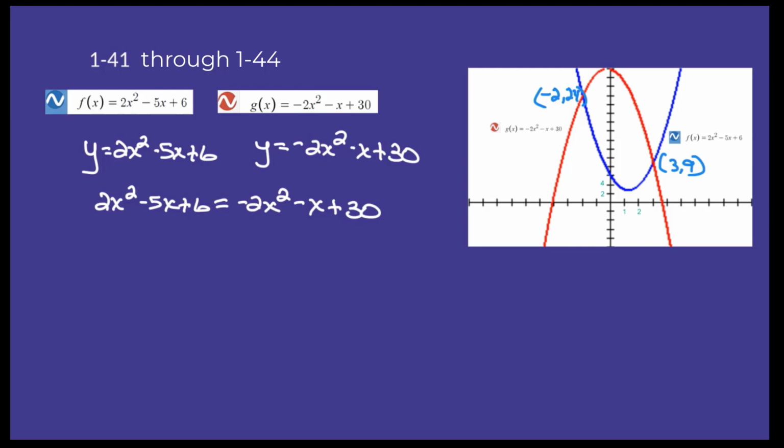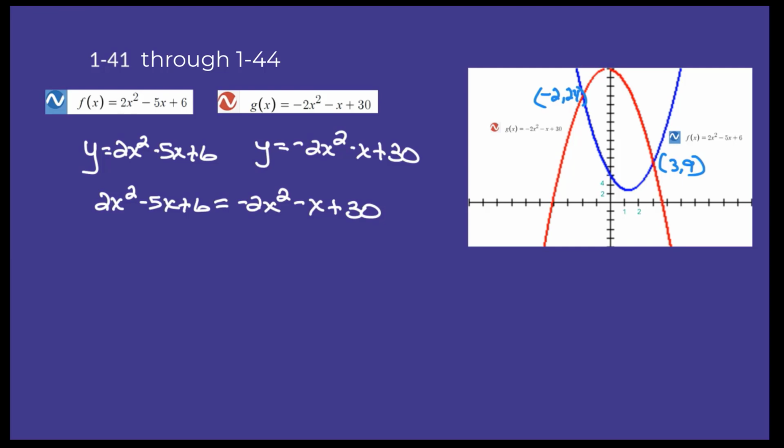You are looking for two solutions, and we actually have two solutions that we are aware of just from what we did on the calculator and on the tables on that calculator. So setting them equal to each other, my goal is to get everything off onto one side, setting it equal to 0. Then we're going to factor the equation and come up with the two solutions and check our work.